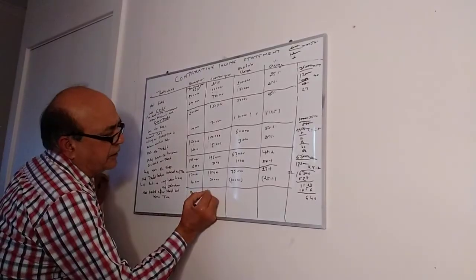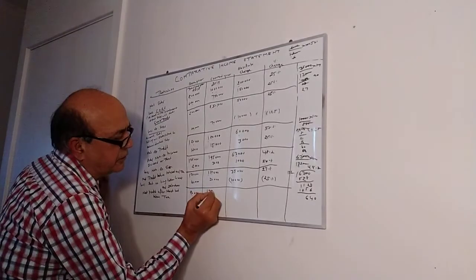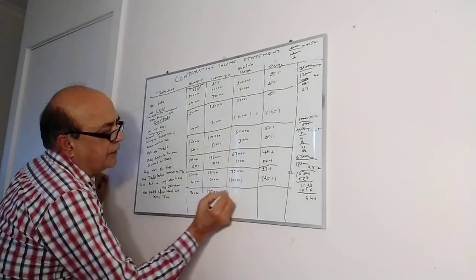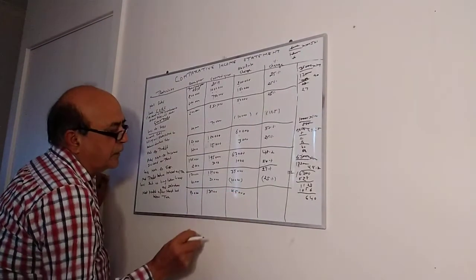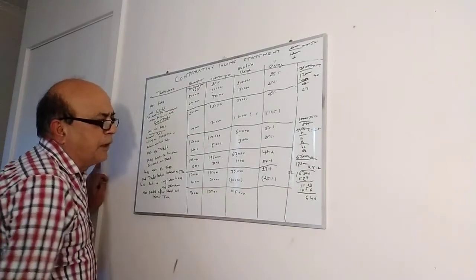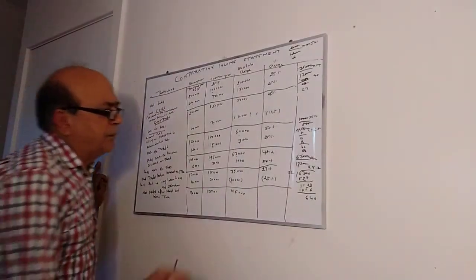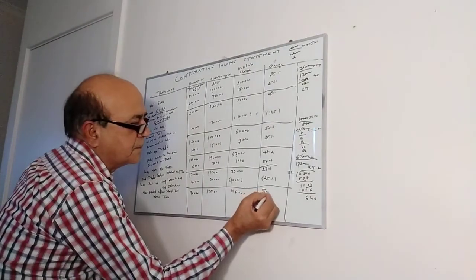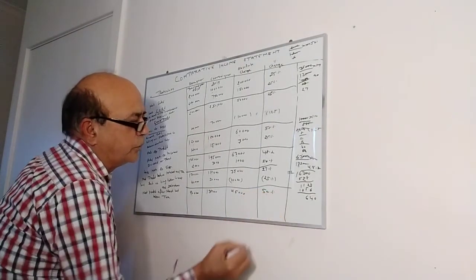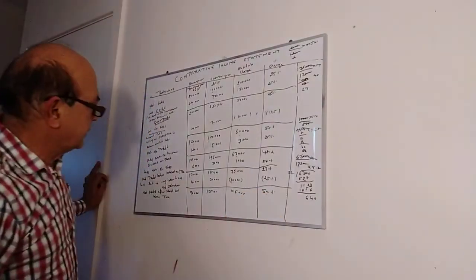This is 1,35,000. It has increased by 45,000. So 45,000 upon 90,000, how much does it become? 50%. The percentage change is 50%.